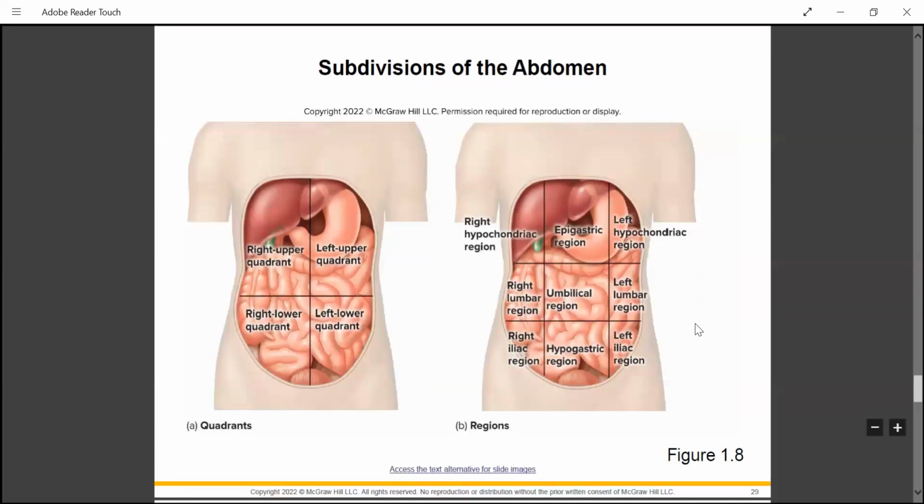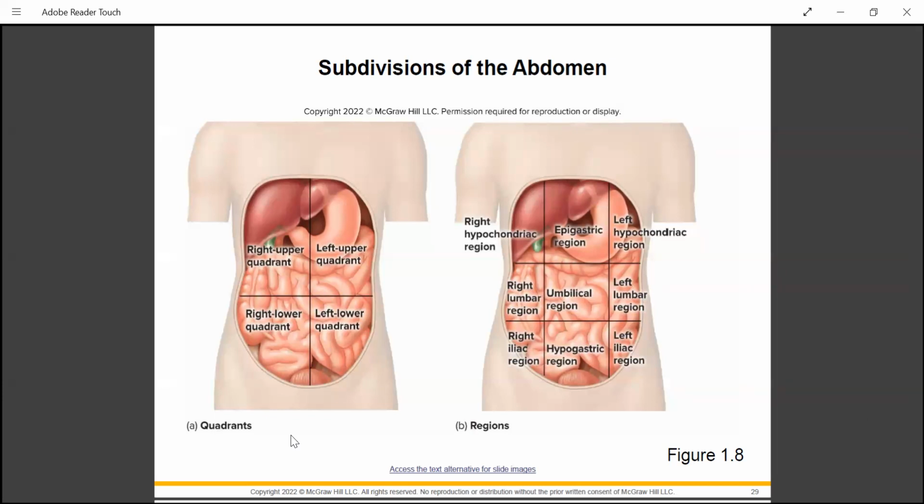All right, so we were just looking at all the names for the different regions of the body. This is specific to our abdomen. So there's two different ways that they break this down. This left one here, quadrants, this is what you'll hear most often in a hospital or a doctor's office setting.